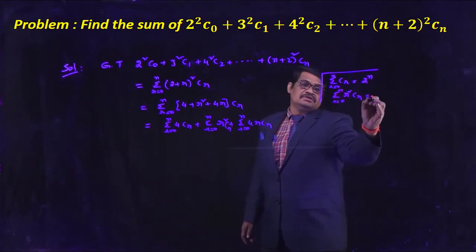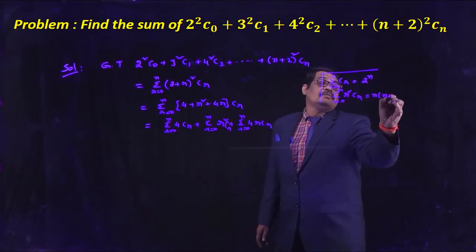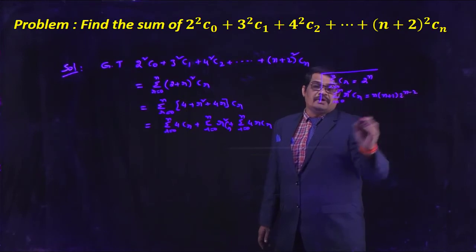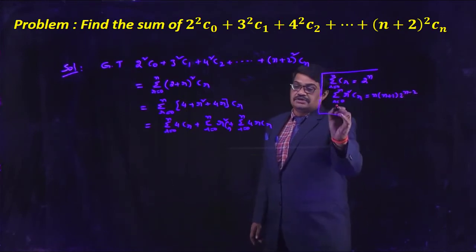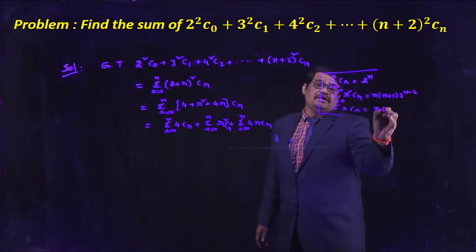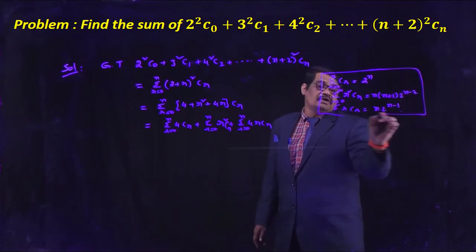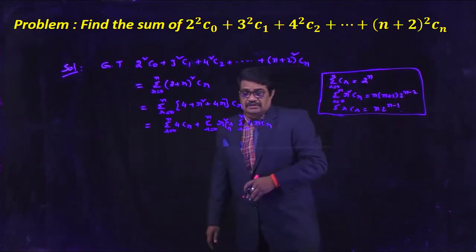That is the sum of the series, n into n plus 1, 2 to the power of n minus 2. And the next one is sigma r into Cr, that is n into 2 to the power of n minus 1. These are all results we discussed in previous classes.